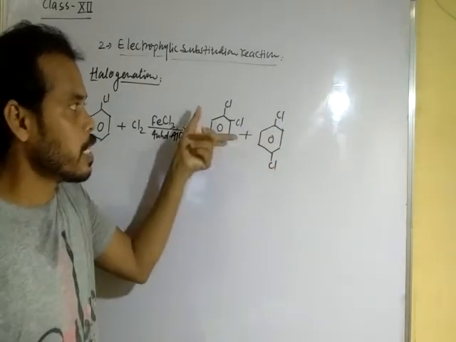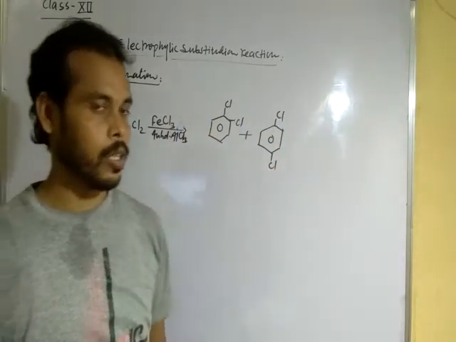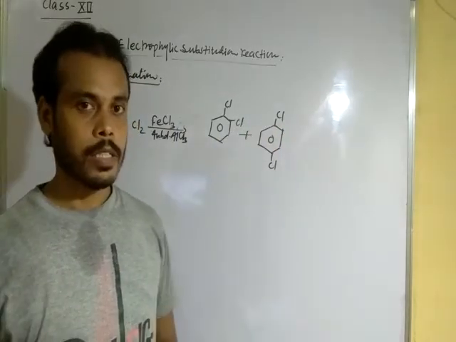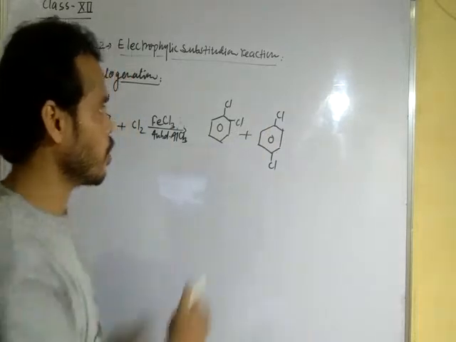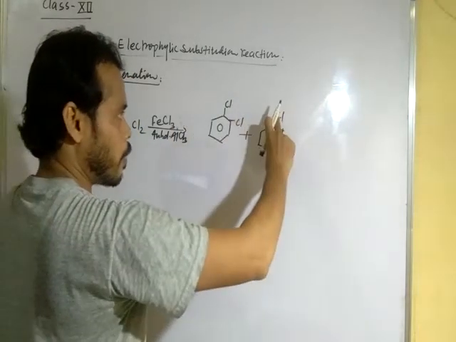You know, the 1,2 position in the benzene ring is known as ortho and the 1,4 position is known as para. So it is ortho condition, it is para condition.